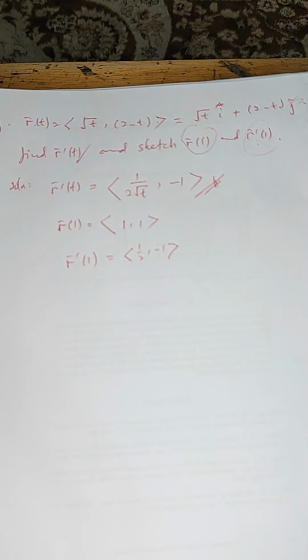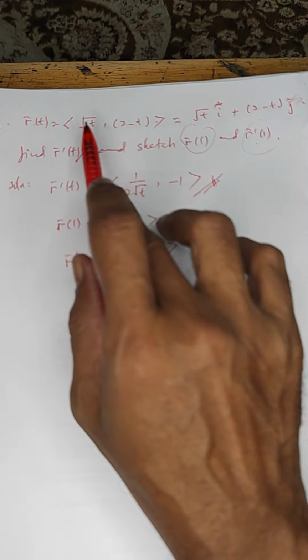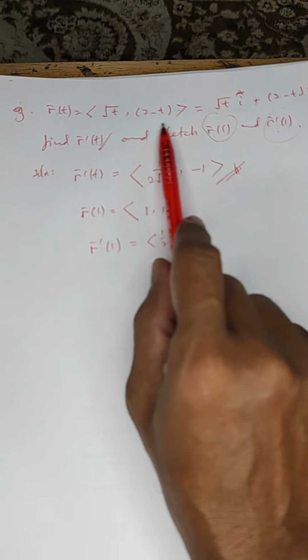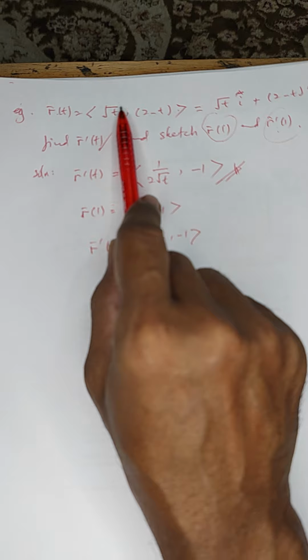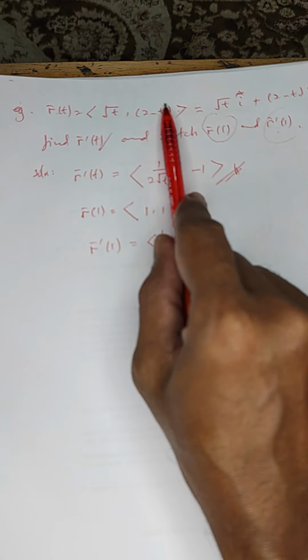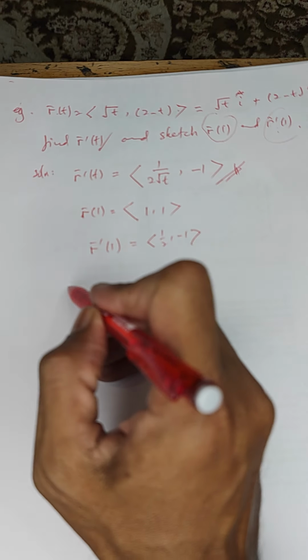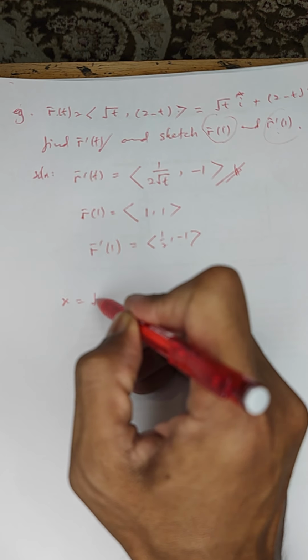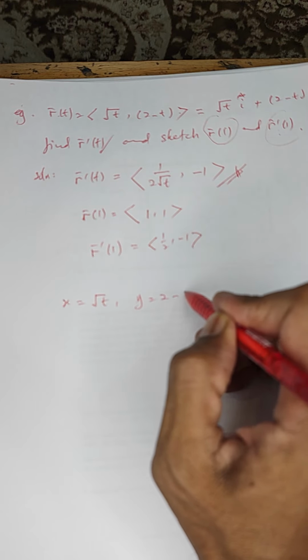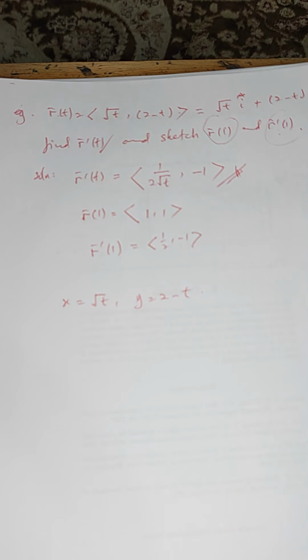Now how to sketch this? If you look at the components of the vector function r, the component in the x direction and the component in the y direction, I can write those as x equal to the square root of t and y equal to 2 minus t.